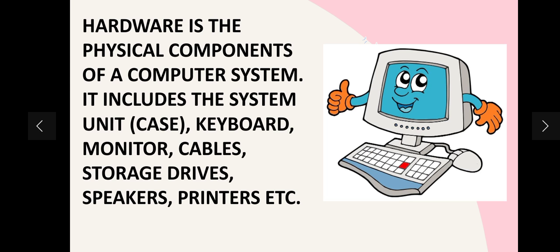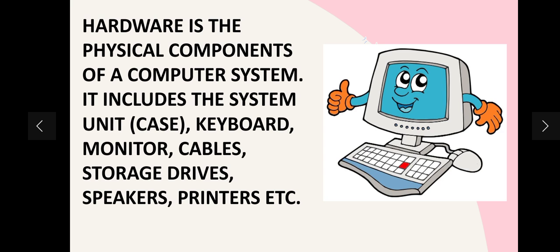So what is hardware? Hardware is the physical component of a computer system. That is, those parts of a computer system that we can see, we can touch, we can hold, we can carry, and at the same time, we can move them from one place to another.